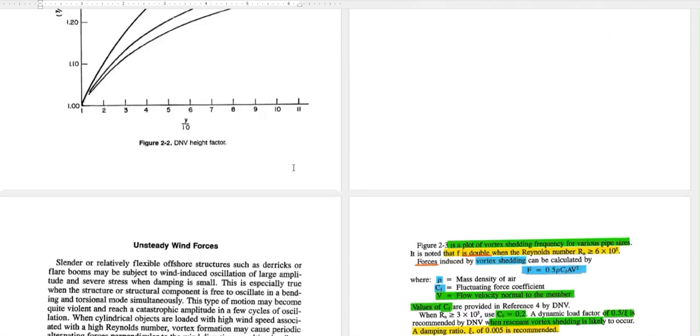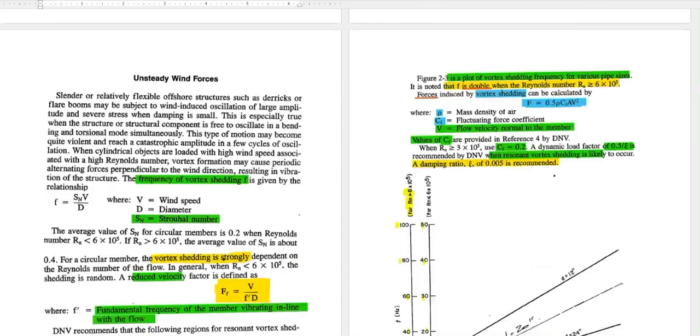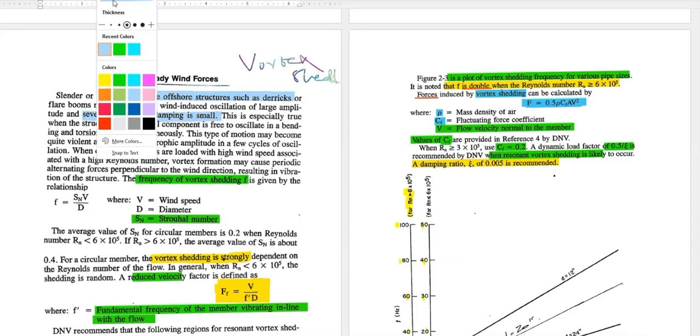Unsteady wind forces. This is for vortex shedding. We need to consider the unsteady wind forces and vortex shedding. Slender or relatively flexible offshore structures such as derrick flare booms may be subjected to wind-induced oscillation of large amplitude and severe stress when damping is small. So what does it mean?